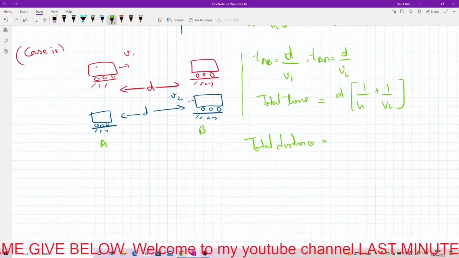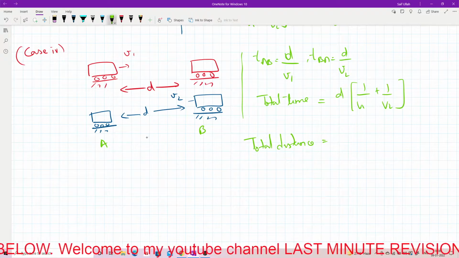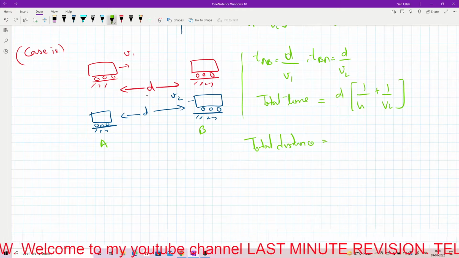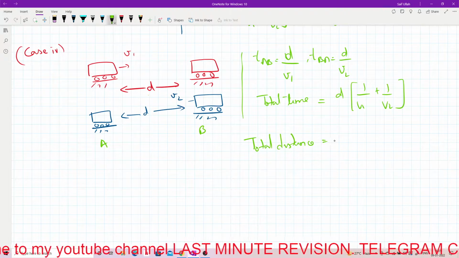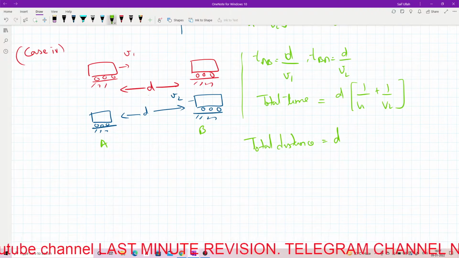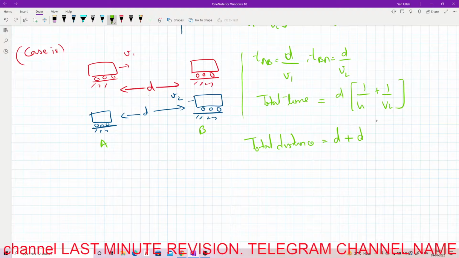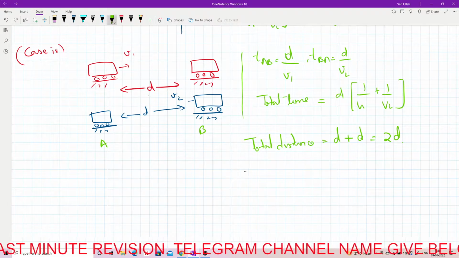Total distance here is, as it is a scalar quantity, you have to add the distance. It is not a vector quantity, it is a scalar. You have to see the magnitude and add. The first session it is d, and again coming back it is again d. The total distance is 2d.